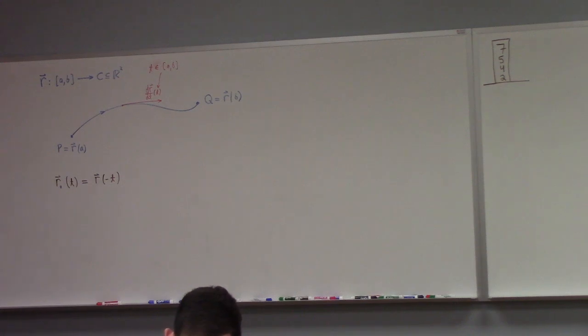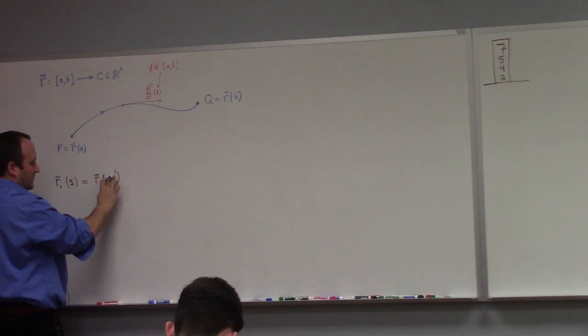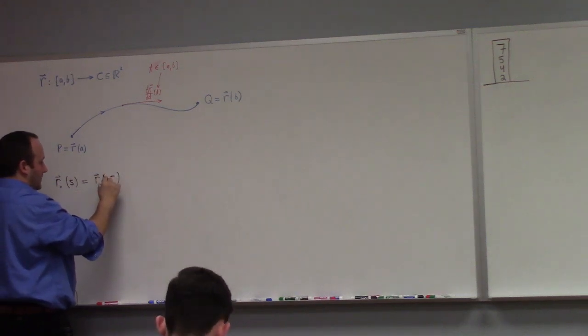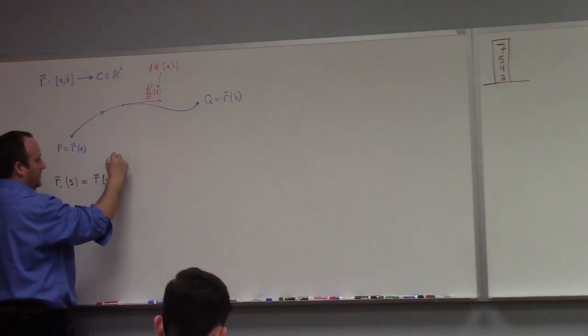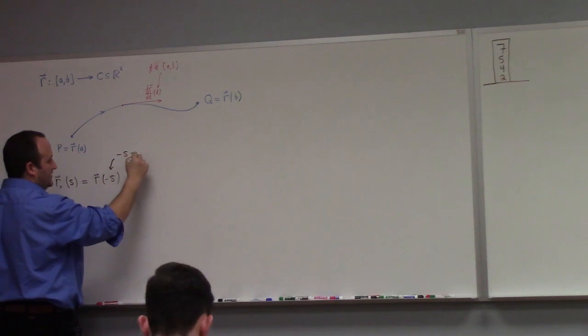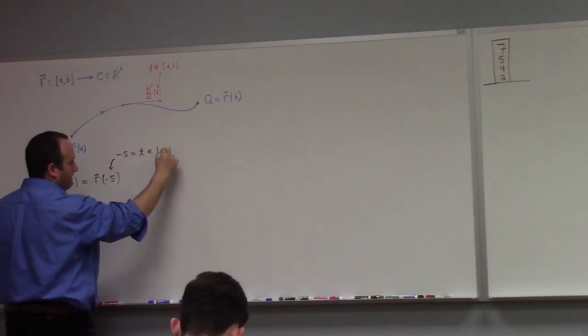But I don't want to use t, so let me say s instead. Here, this minus s would be equal to the t, which is an element of [a, b].